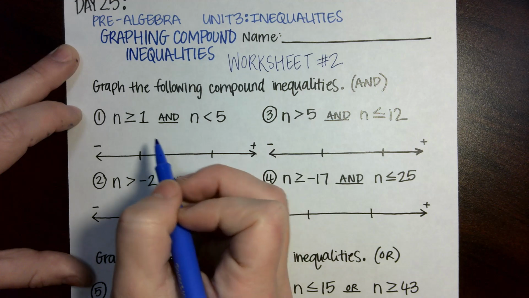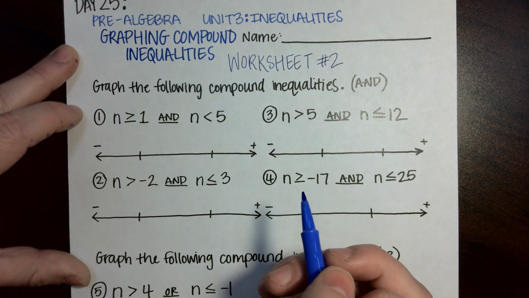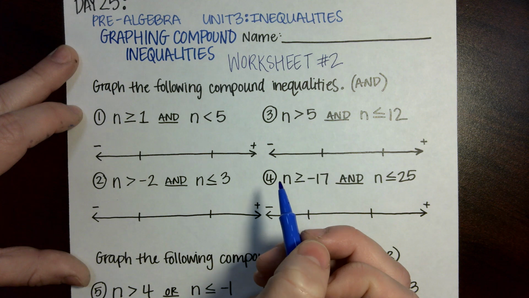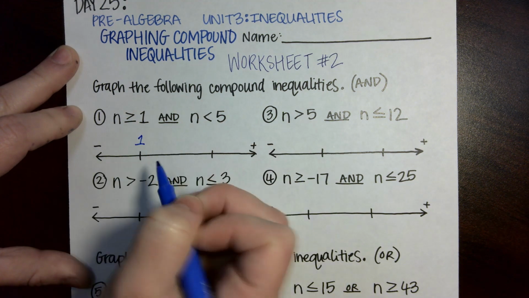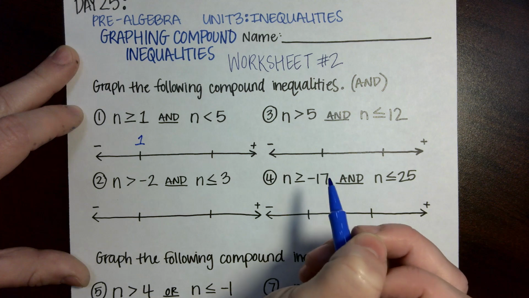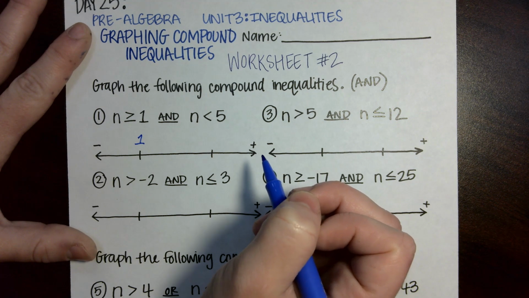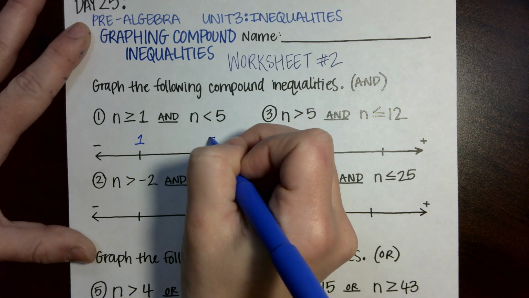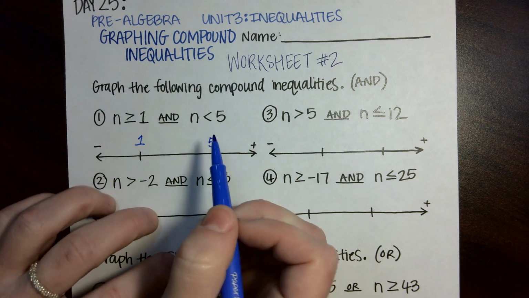So between the numbers 1 and 5, which number is smaller? 1. So we're going to put 1 closer to the minus sign since it's smaller. And since we put 1 there, where should 5 go? On the other tick mark. Good. Okay, so step 1 is done. We've put our numbers on.